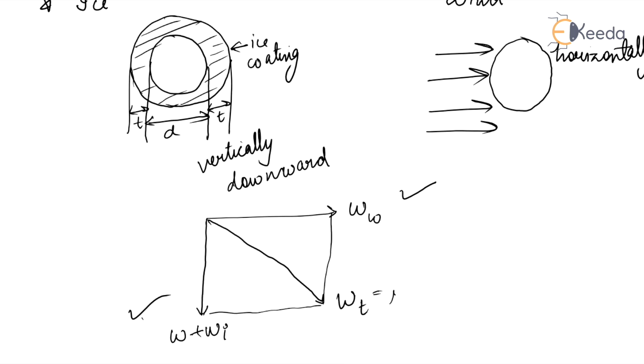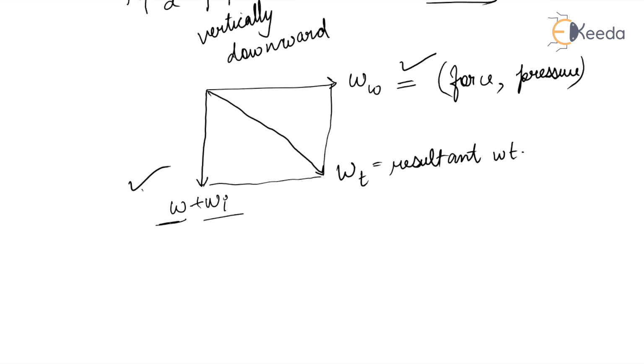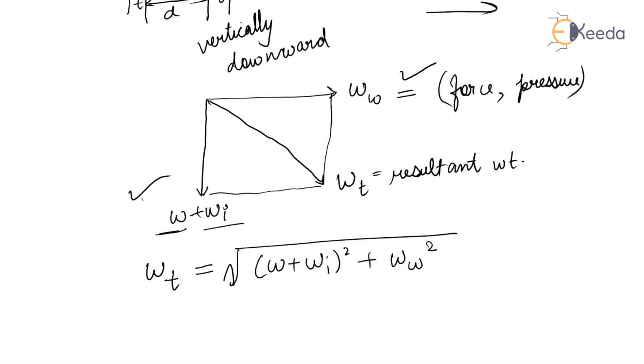WT is the resultant weight. WW is the wind force or pressure, where W is the weight of the conductor and WI is the weight of ice. So the resultant weight WT is equal to the square root of (W plus WI) square plus WW square.